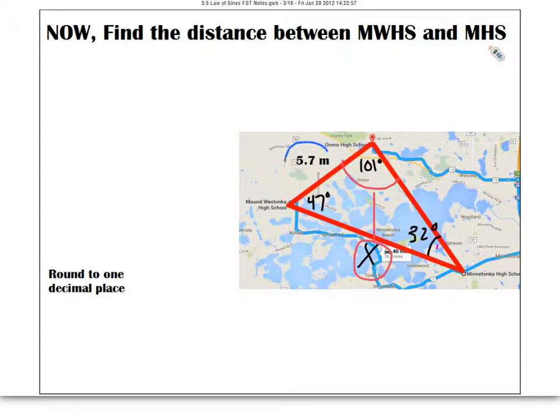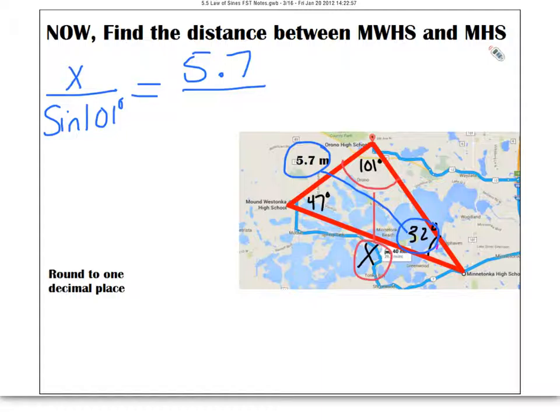And then we have this side, and its corresponding angle is right here. So law of sines would say side length x over the sine of the angle associated with it, which is 101, is equal to the side length of 5.7 over its angle, which is the sine of 32 degrees.